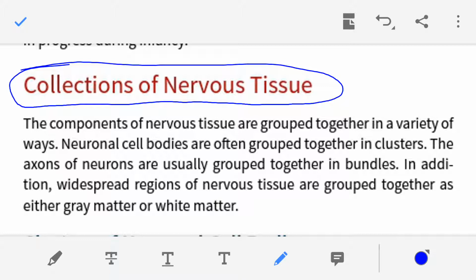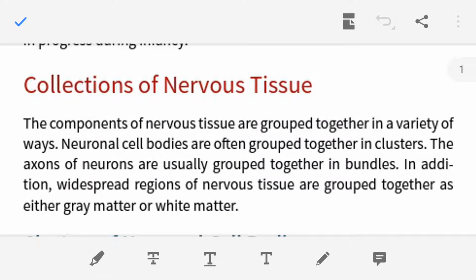In the nervous tissue there are the ganglia, the tracts, the nerves, the gray matter and the white matter. All these components we are discussing one by one.